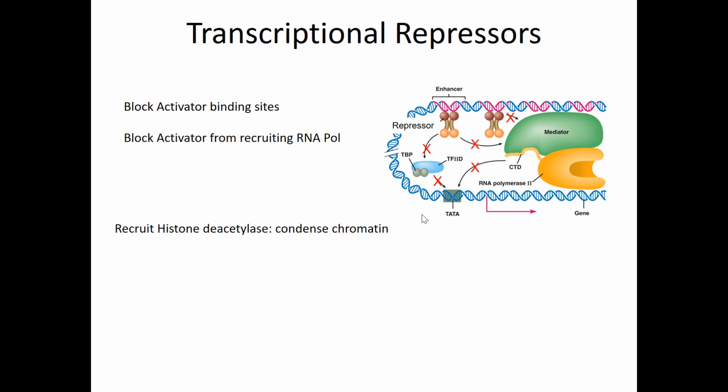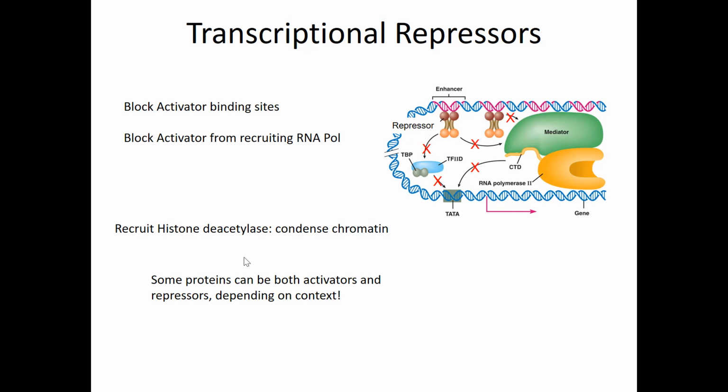And then repressors can actually recruit histone deacetylase. This is what I mentioned on our first slide: acetylating chromatin or chromosomes to make euchromatin is long-term activation, but it can be reversed by this enzyme called histone deacetylase, which removes those acetyl groups and allows the histones to condense more and shut down the transcription.